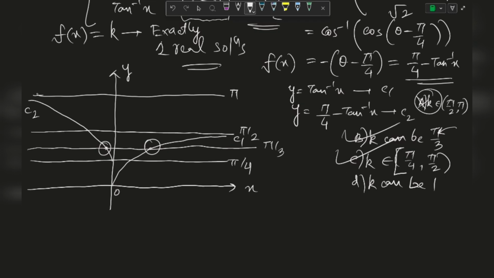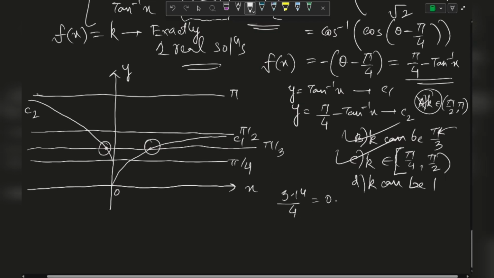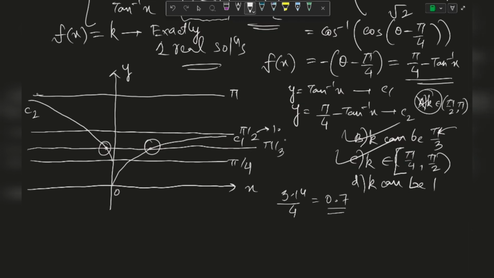And the final option says k can be 1. If we see the value of pi by 4, which is 3.14 by 4, I guess if we calculate it is 0.7 something, and pi by 2 is 1.5 something. So 1 also lies somewhere in between this.